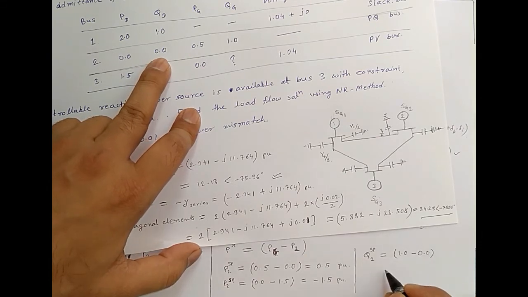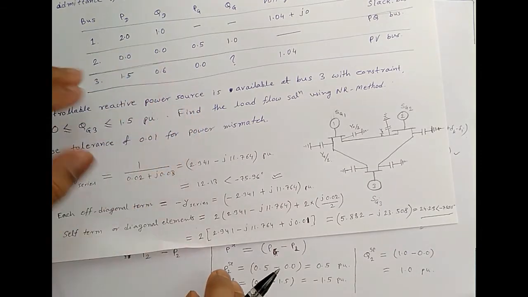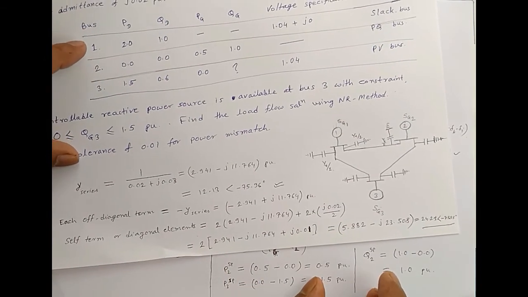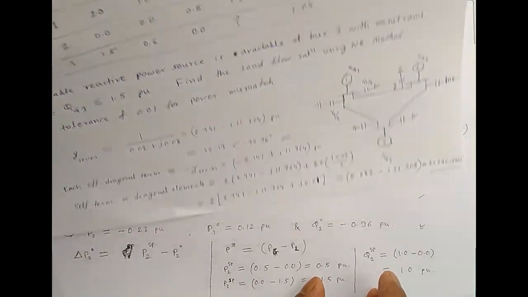So this will be 1.0 pu. In this way, we have to calculate the specified power at all the buses.